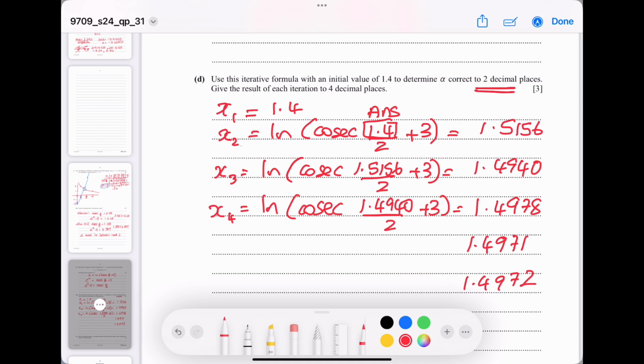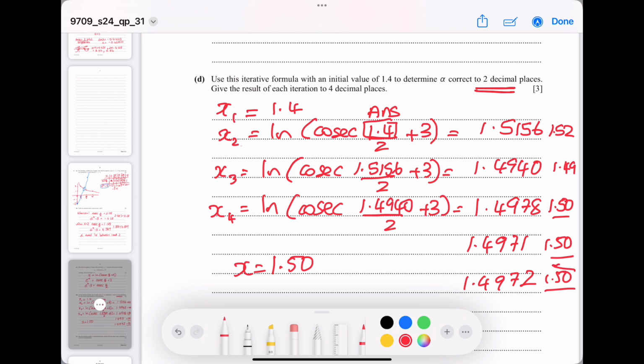So we then look at each of these correct to 2 decimal places. So this would be 1.52. This would be 1.49. This would be 1.50. This would be 1.50. And this would be 1.50. So we can see that all three of these give us the same final solution of x is equal to 1.50.